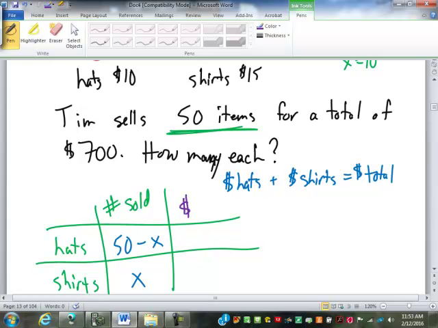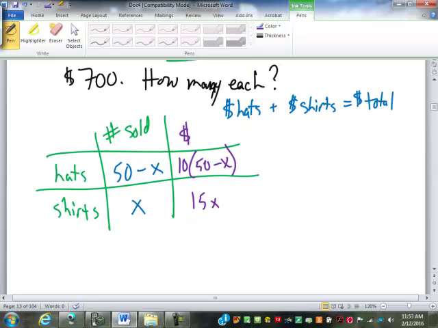The dollar amount is still price times number sold. For hats, that'll be $10 times 50 minus X. For the shirts, that'll be $15 times X. So now our equation becomes the dollar amount from hats is 10 times 50 minus X, plus dollar amount from shirts is 15 times X equals 700.